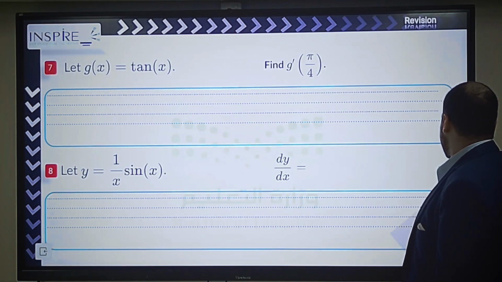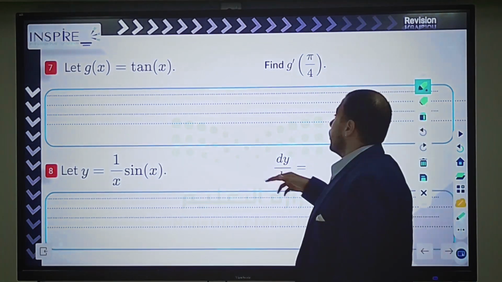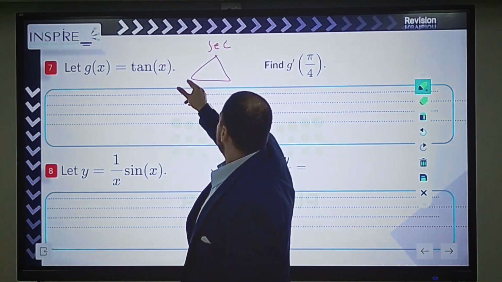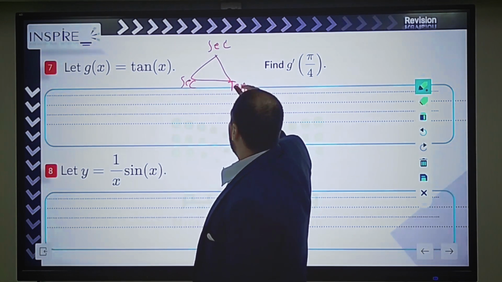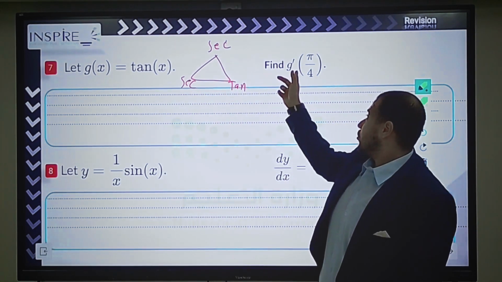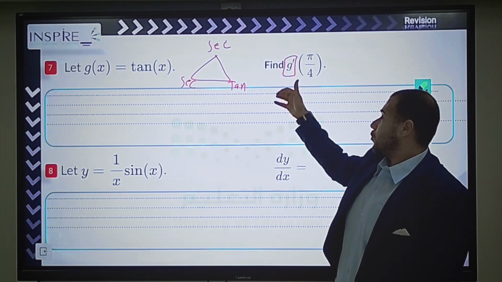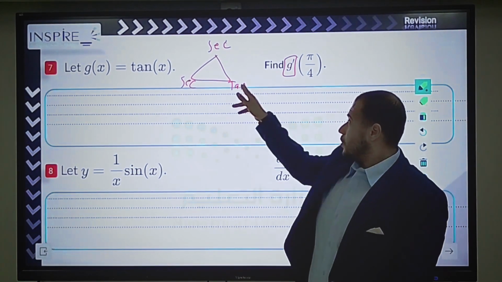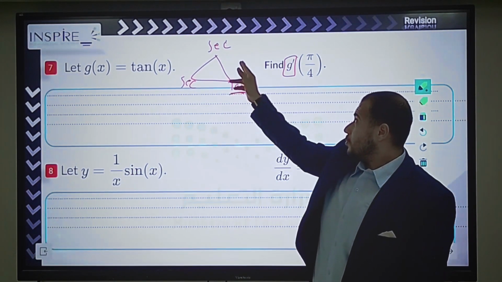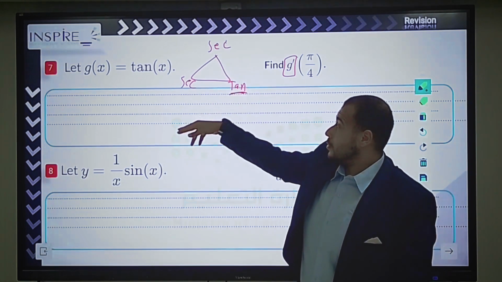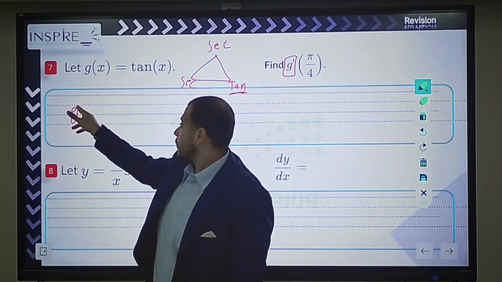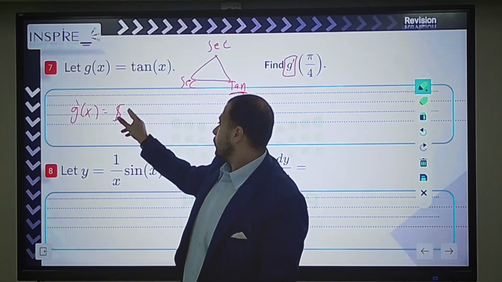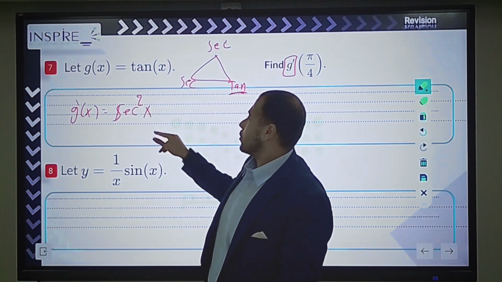This one is very easy. Remember our triangle, we have secant, secant, tan. If you want to get the derivative of tan, because I need to get g dash of pi over 4, we will get the derivative and then plug in pi over 4 instead of x. The derivative of tan will be secant squared. So g dash of x equals secant squared x.